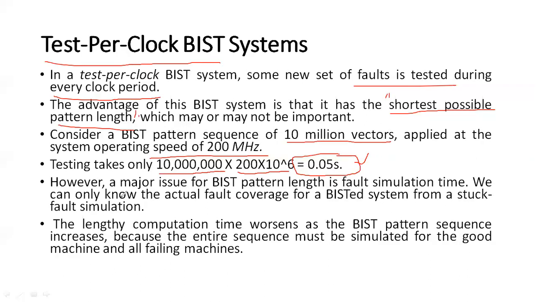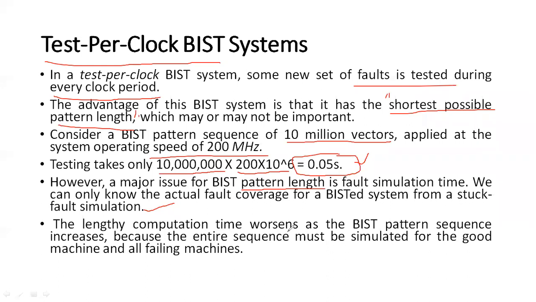However, a major issue of built-in self-test pattern length is fault simulation time. We can also know the actual fault coverage for a built-in self-tested system from stuck-at fault simulation. The major thing within built-in self-test is to find the set of pattern length to define the fault simulation time. Why? Because it is a testing operation, and it depends on the time occupied to test each and every module.